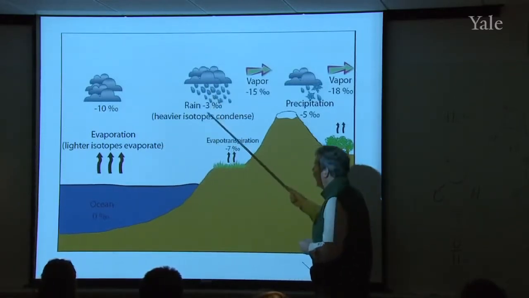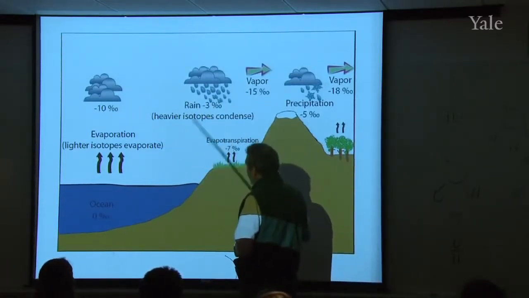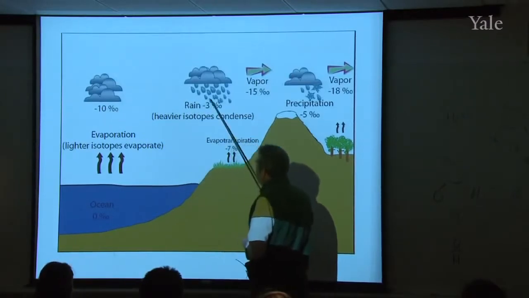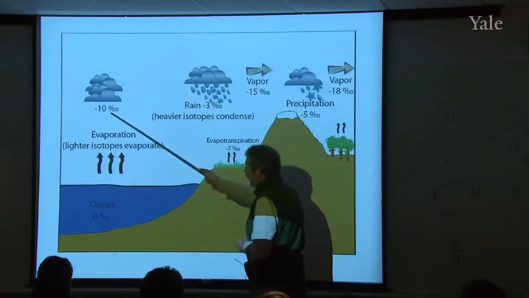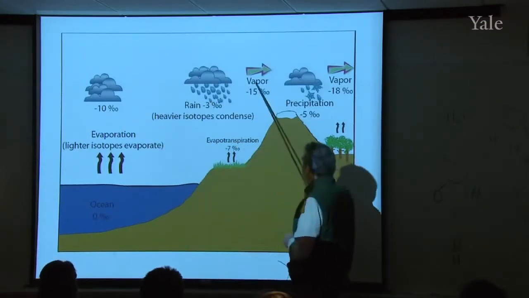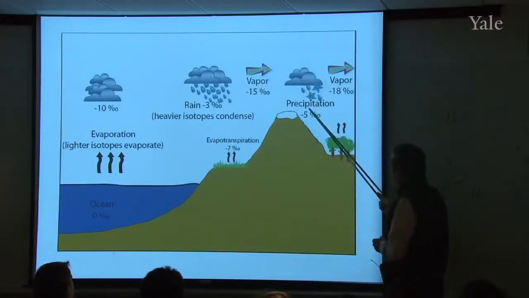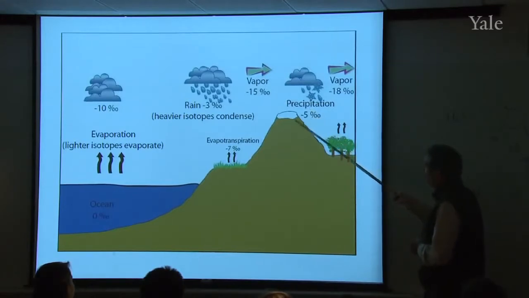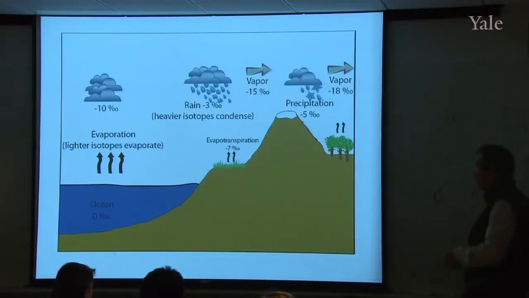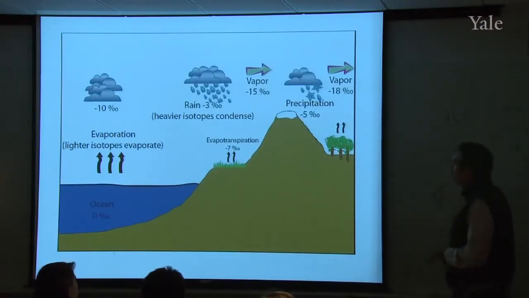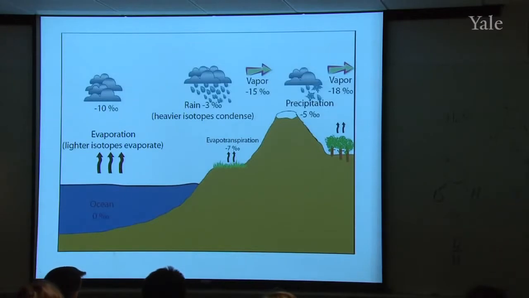The rain that comes out of that, while it's lighter than ocean, is heavier than the vapor from which it's formed, right? So it has a negative number, but not as negative as that, making the vapor still lighter, making the next precipitation still lighter, and the vapor even lighter than that vapor. So things progress along together, gradually raining out the heavier isotopes.